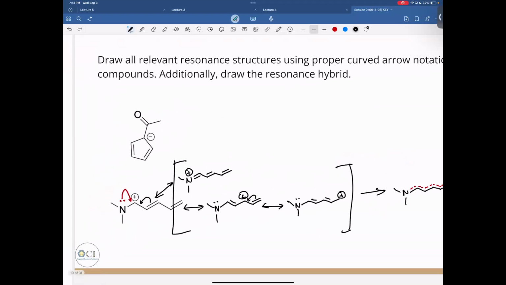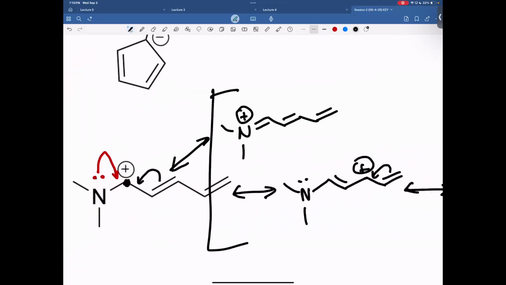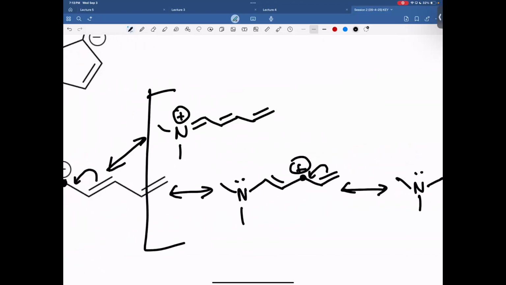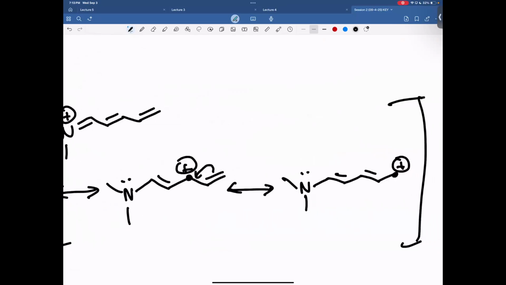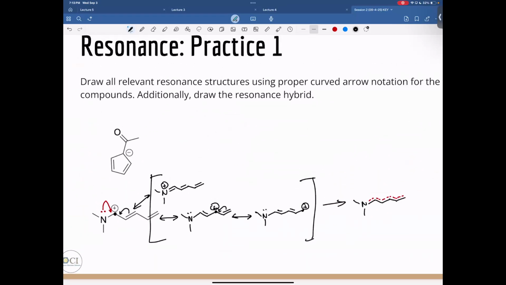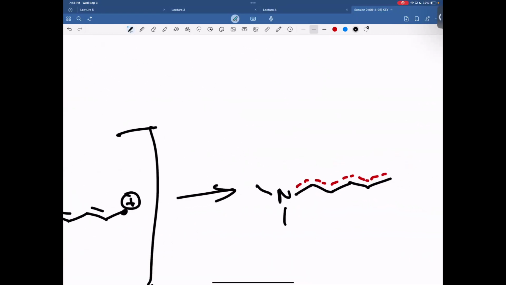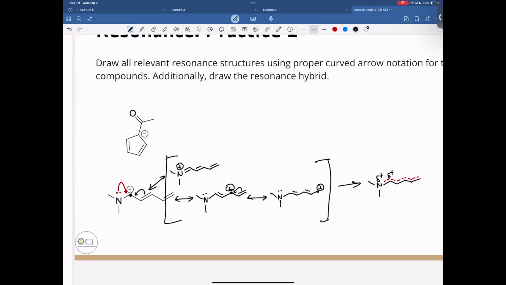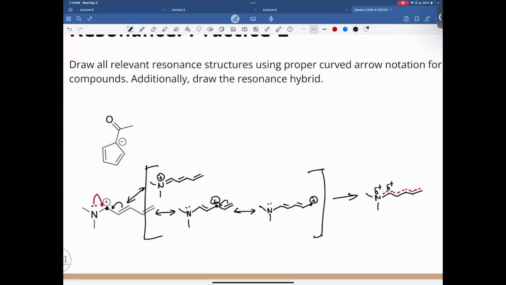So if we look, there's a charge here, a charge on the nitrogen, a charge on this carbon, and a charge on the terminal carbon, right? So just put partial charges for those spots. So partial positive, partial positive. Hold up. Yep.